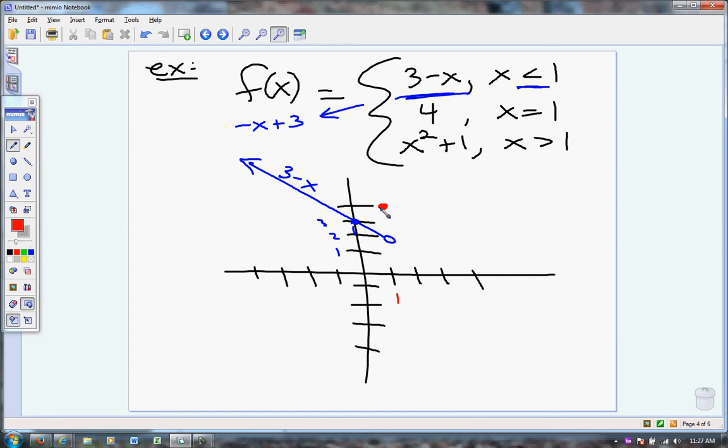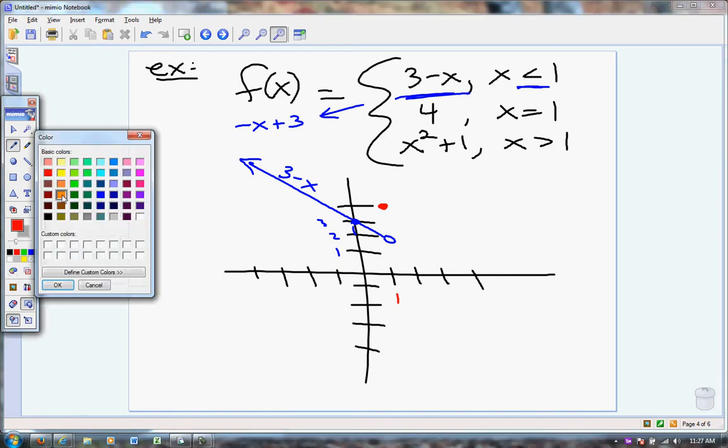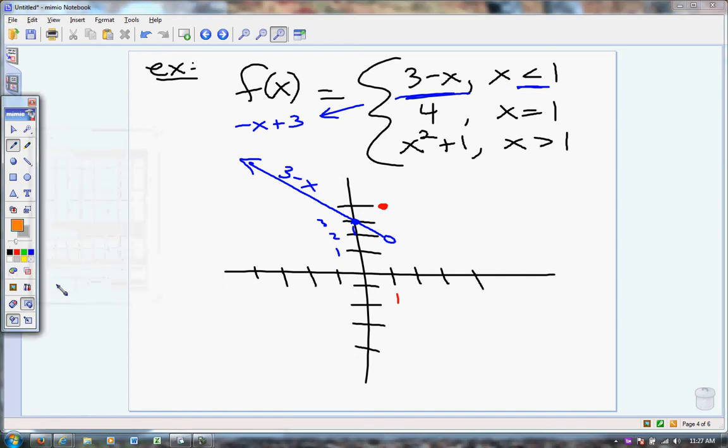Right? Now, the function is x squared plus 1 when x is greater than 1. Let me get a different color. Now, isn't that just a parabola that's moved up 1? But we don't need to draw it to the left of 1. We only need to draw it to the right of 1. Well, we better consider what it is at 1.